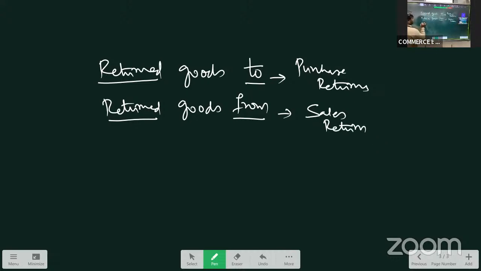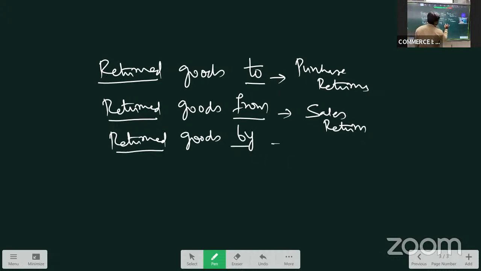Even if it is given as return goods by, so here we have the word return and by, even then it will be considered as sales returns.